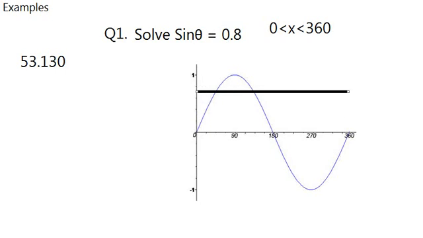Remember, use your ruler. We know there is one answer right here where the line crosses. 53.130 is smaller than 90, so this point is this point.